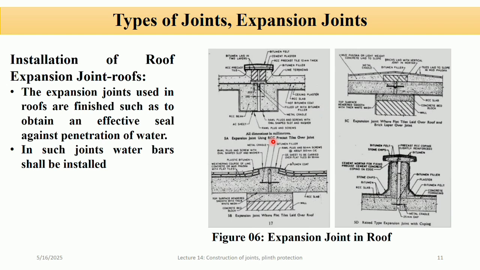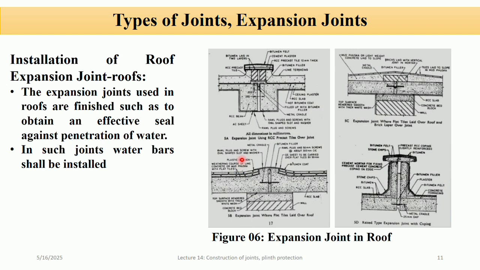Now let's discuss installation. An effective water seal for roof expansion joints must be carefully applied to prevent water penetration. The sealing system must be flexible and waterproof, allowing movement while stopping water.